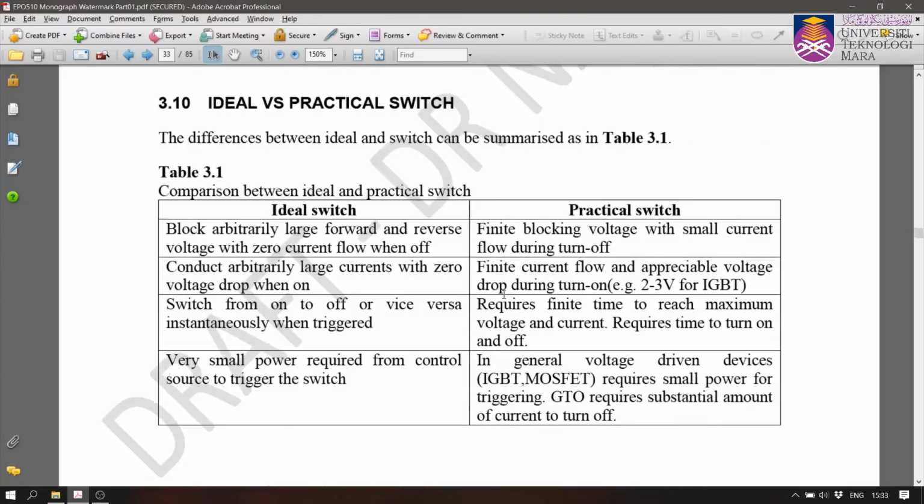Okay, and finally you have this ideal versus practical switch. The differences between the ideal and practical switch can be summarized as in Table 3.1, so you could compare between the two.